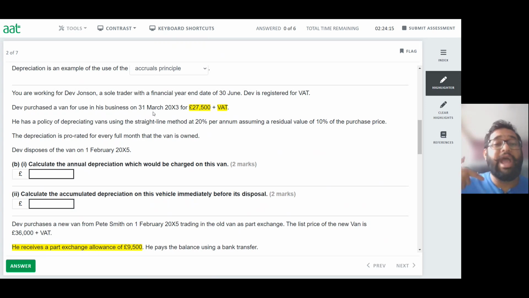So we also have to consider how many months it has been used. So if that was bought on 31st of March 2013 and sold on 1st of February 2015, we have to consider that's 2 months less than the whole full year. For example, it's finishing on 31st of January as my last full month. So we start from April 2013 to January 2015. That is 22 months.